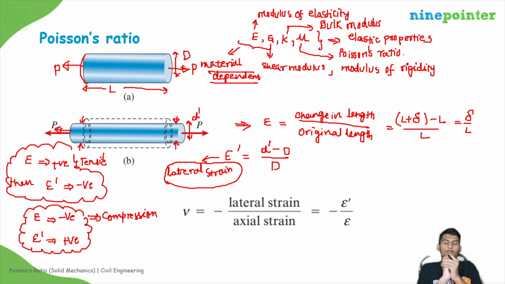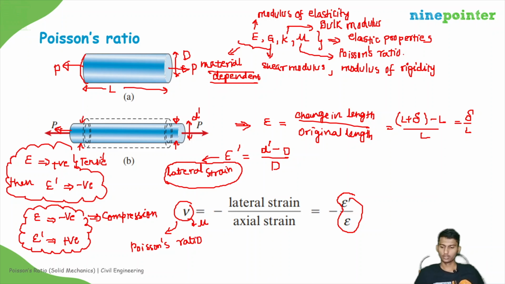But how much this epsilon dash will be, that will be determined by the material. So the ratio of epsilon dash by epsilon is equal to nu or mu, that is known as Poisson's ratio. So this value of Poisson's ratio is dependent on material.